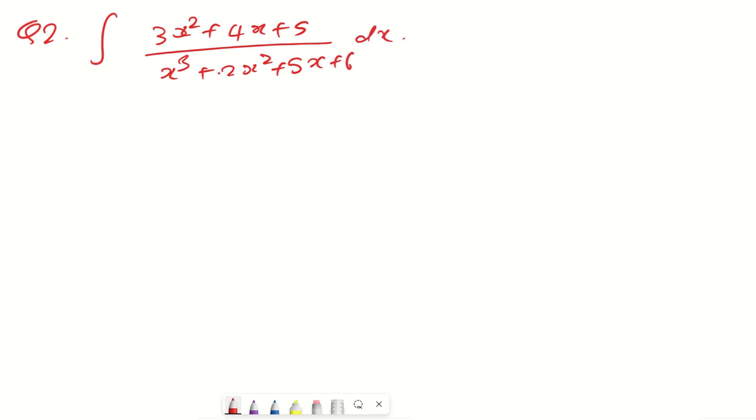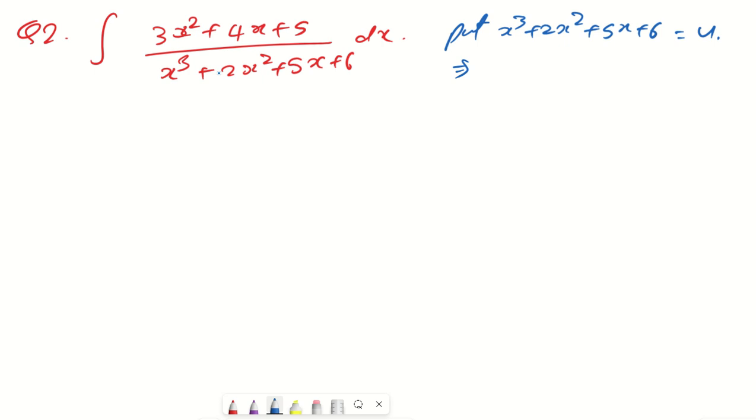Okay, so what can we do? We can put here x cube plus 2x square plus 5x plus 6 is equal to, let us say, u.